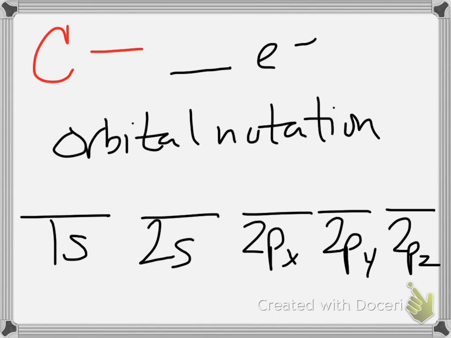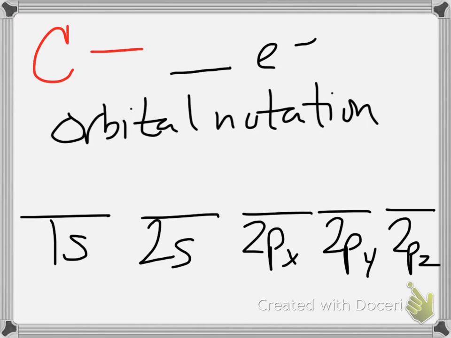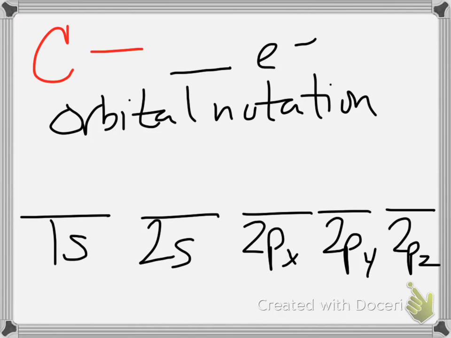All right, so I'm going to change colors to show our electrons. Where does our first electron go? What's the lowest energy orbital? 1s. Where does our second electron go? 1s.